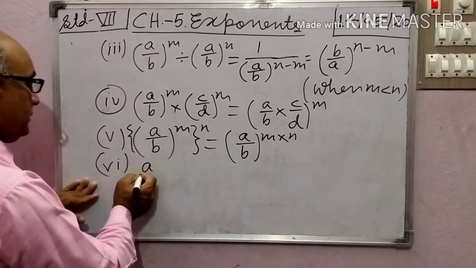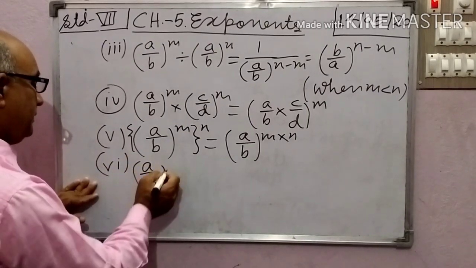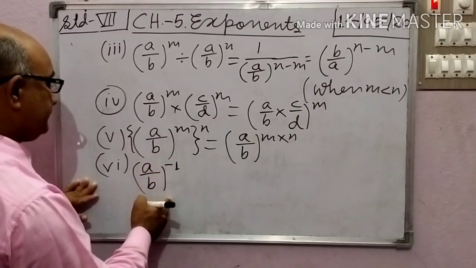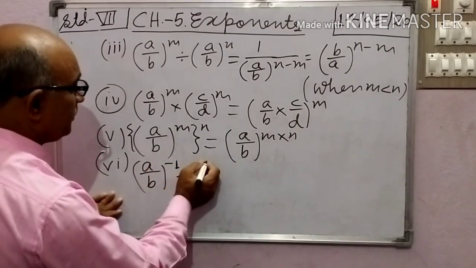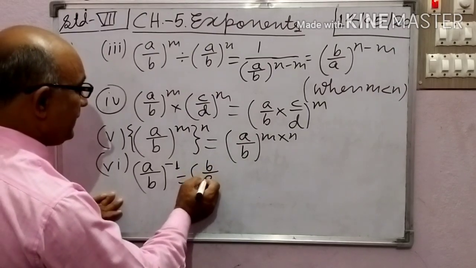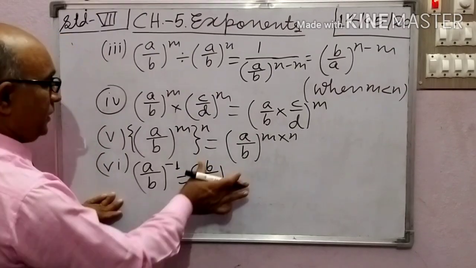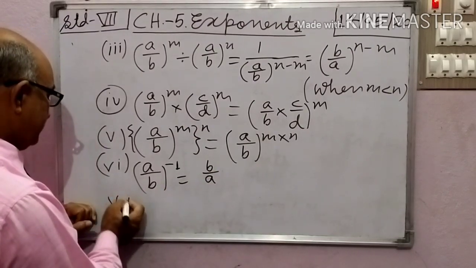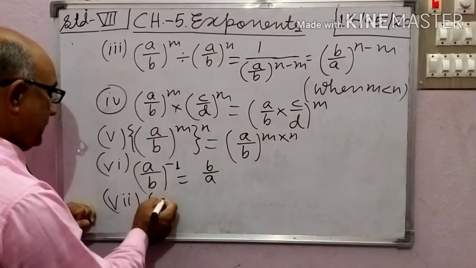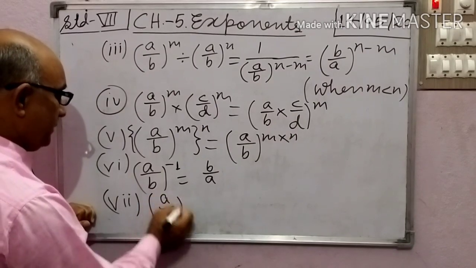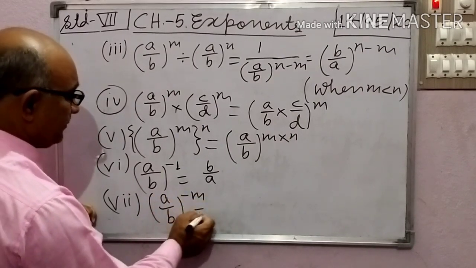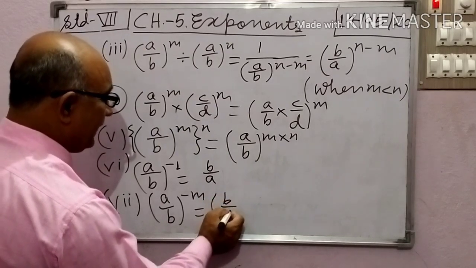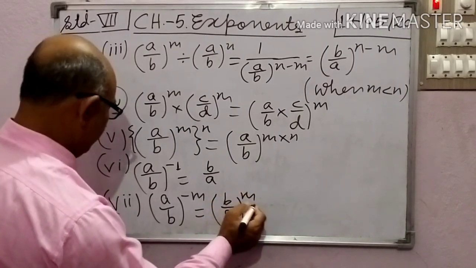Law 6: (a/b) to the power minus 1 equals b by a. Law 7: (a/b) to the power minus m equals (b/a) to the power m.